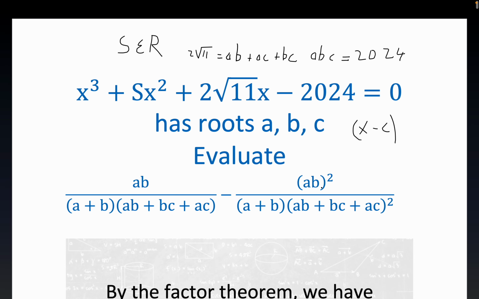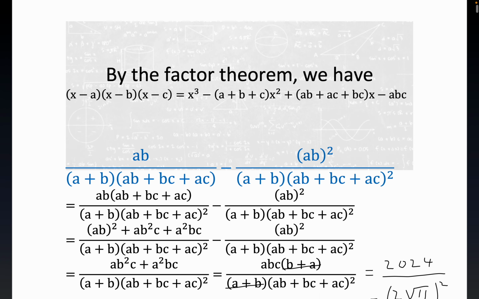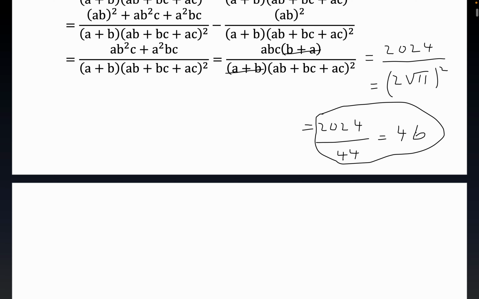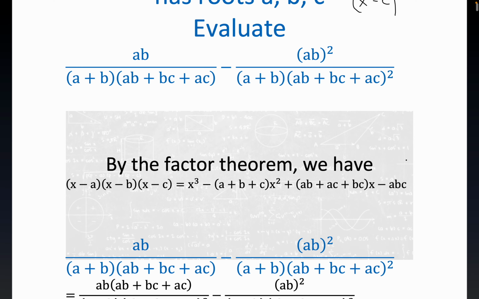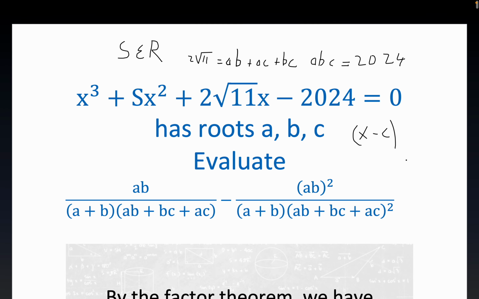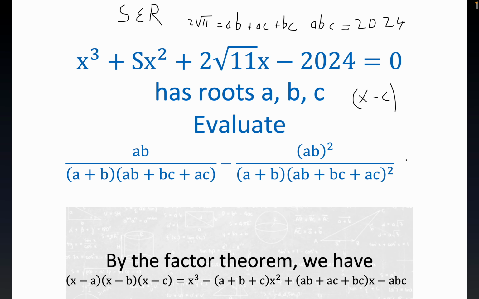And if you wanted to, you could use some kind of programming language. Any real number, it doesn't matter. If s is 0, or any real number, this expression would evaluate to 46, and to me that's amazing.